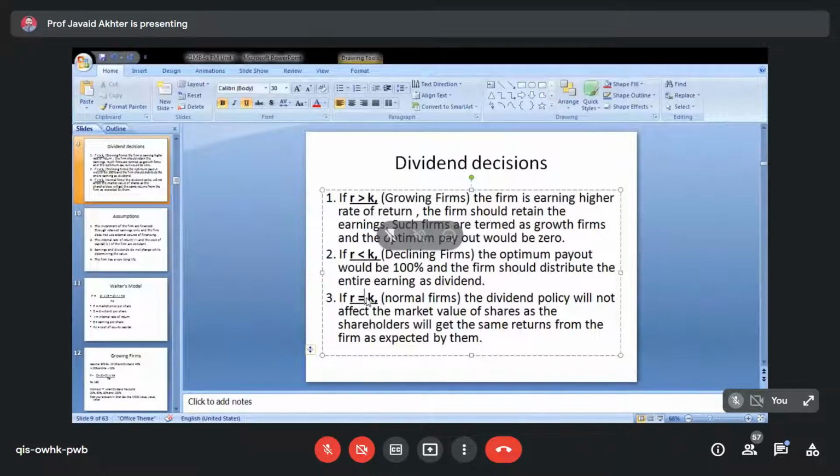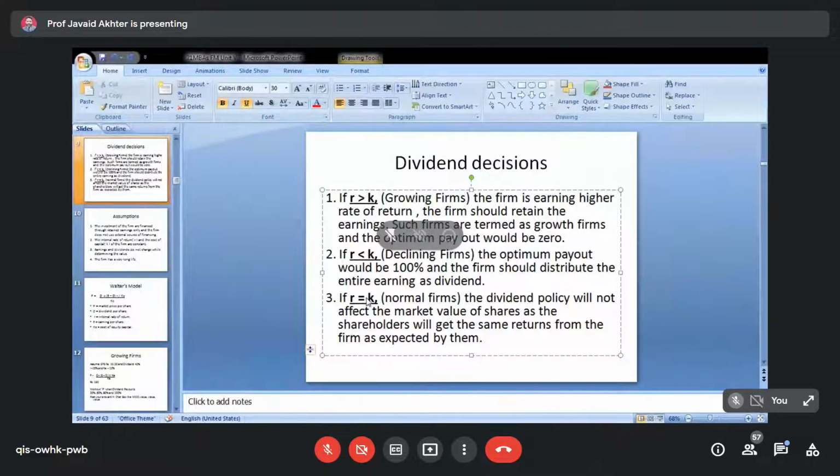That means the first thing about Walter's model is that it talks about the relevancy of dividend. According to Walter, dividend decisions are relevant. Number two, all firms can be divided into three broad categories: growing, declining, and normal. For each category, they have recommended different dividend payout ratios.